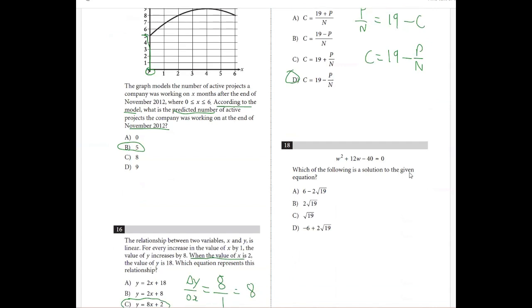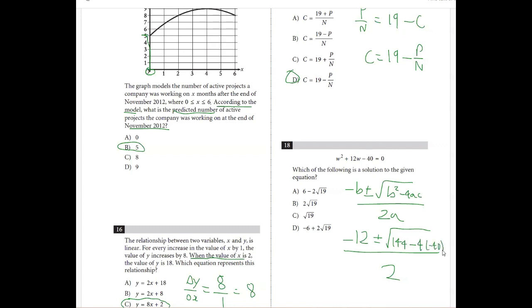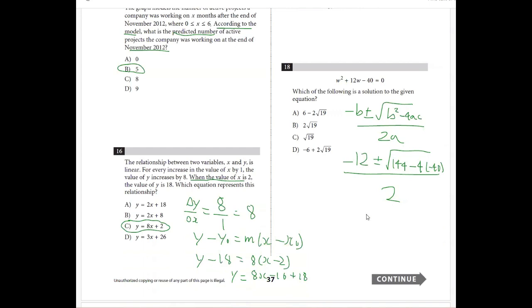Okay, which of the following is a solution to the given equation? Please remember this formula. Minus 3 squared is 44 minus. And I don't really care what's inside here, because we're trying to see which of the following is most appropriate.